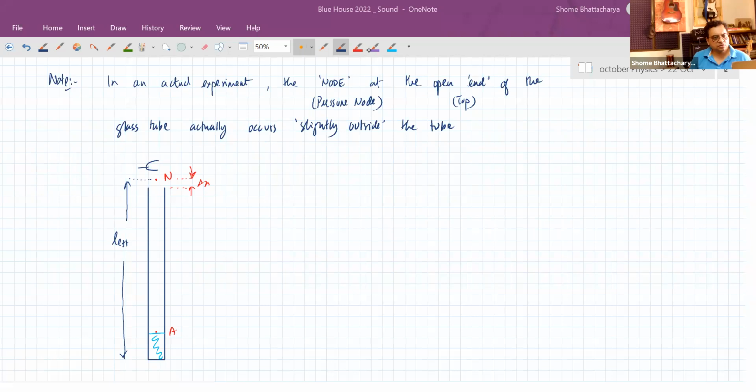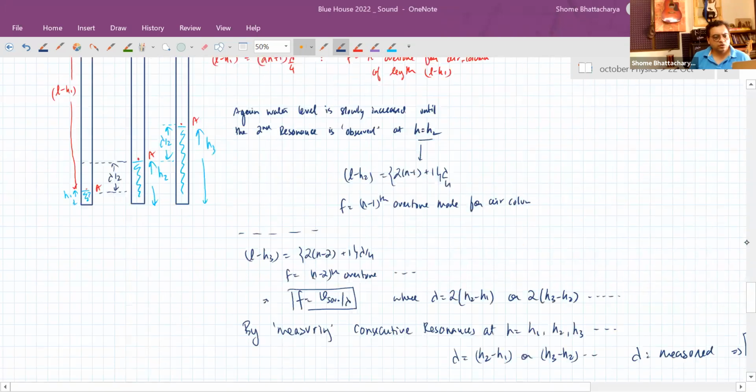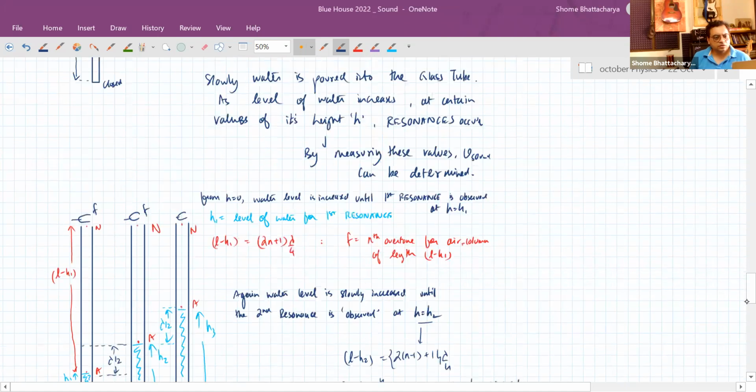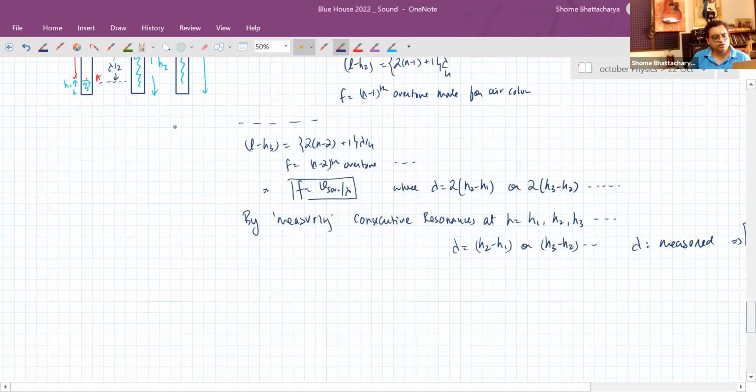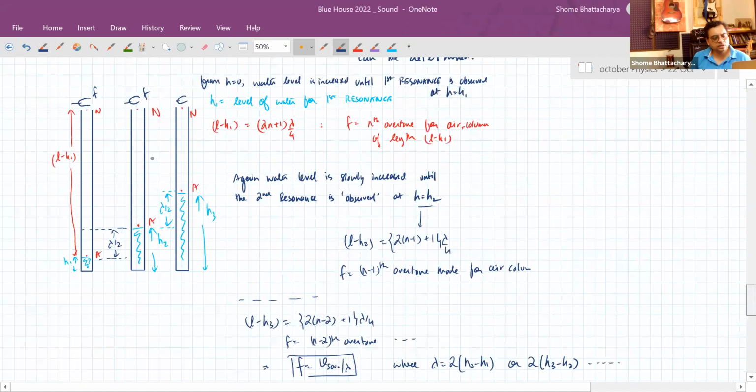Yeah, I see. What happens is, as we are increasing the level of water, the frequency of the tuning fork is not changing. So the wavelength of the sound is the same.